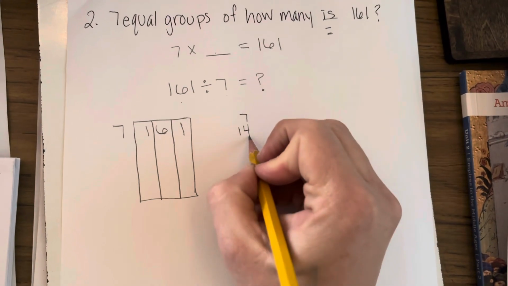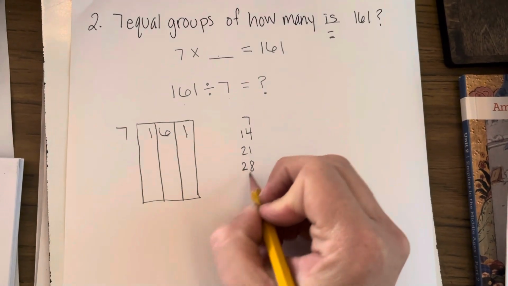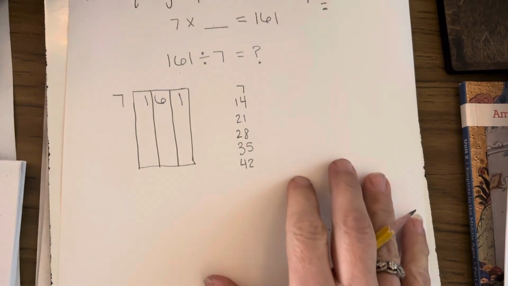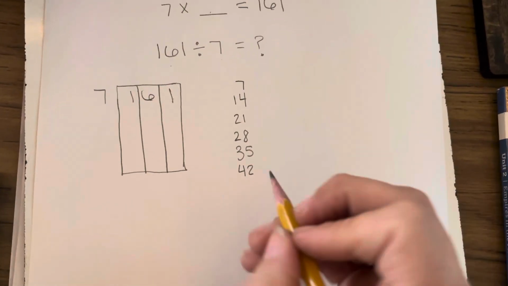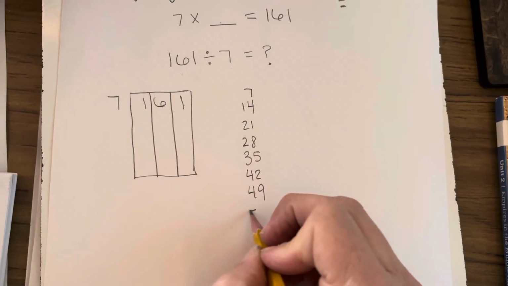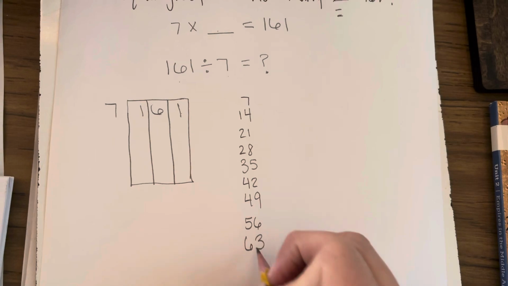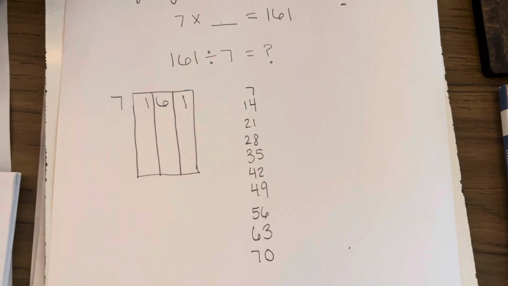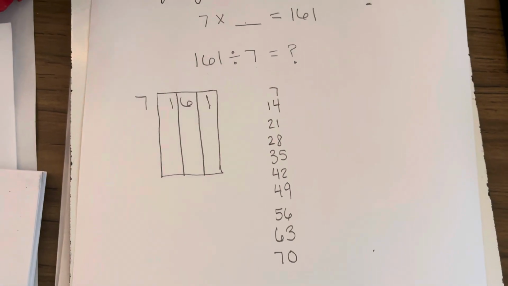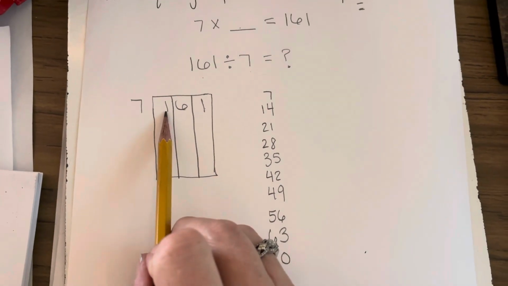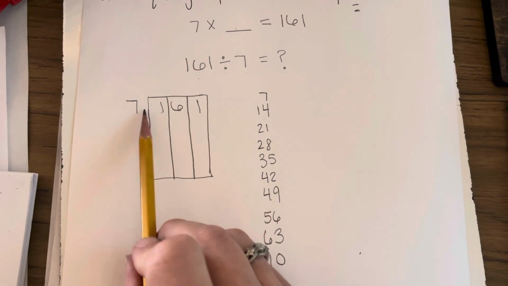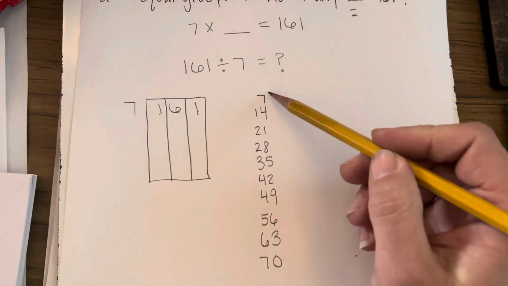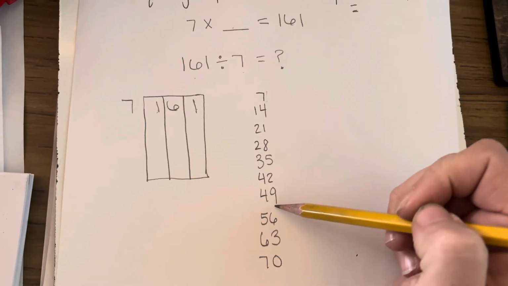So, 7, 14, 21, 28, 35, 42, 49, 56, 63, and then you can stop at 70 because you don't need to go bigger than your multiples of 10, okay? So now I'm going to start in the very first column, and I'm going to think, all right, is this digit here in my list of my sevens?